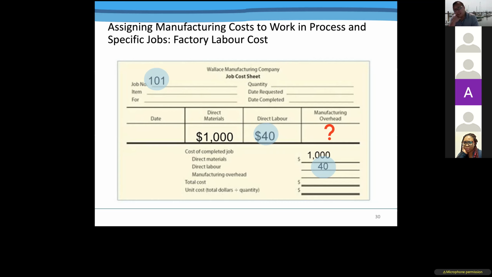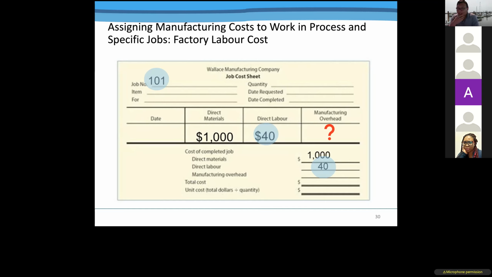Let's say the depreciation for the plant is $10,000 a year. How much are you going to assign to this specific job? Or maybe you are renting a factory, you pay an annual rent of, let's say, $10,000. How much of that will be assigned to this job? And every year you are doing hundreds, thousands of jobs.